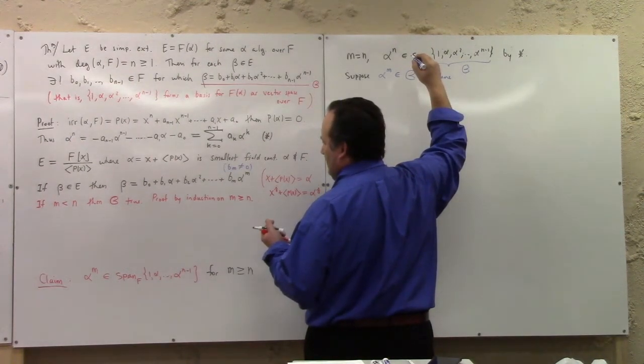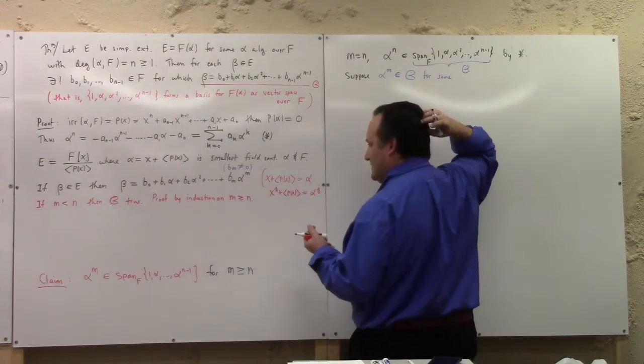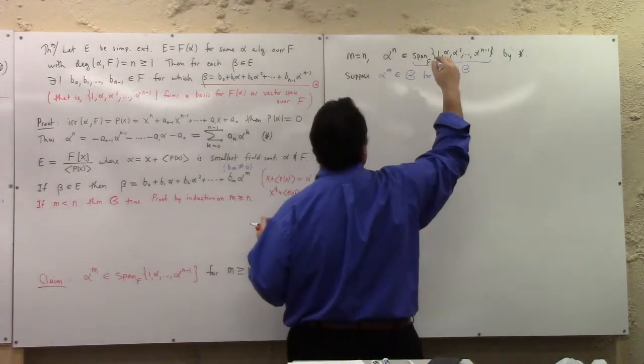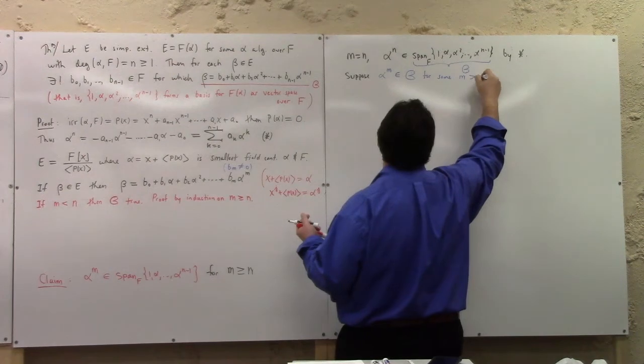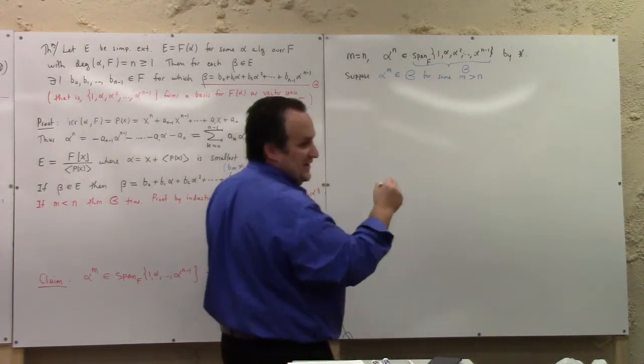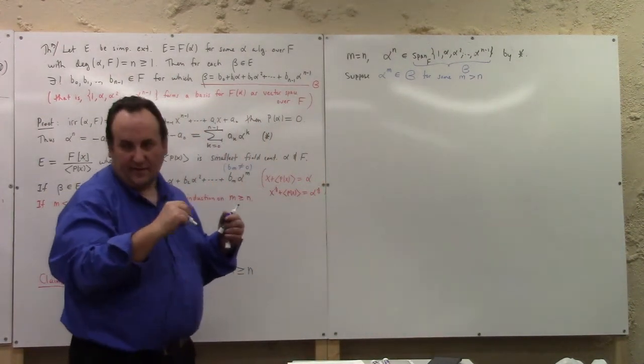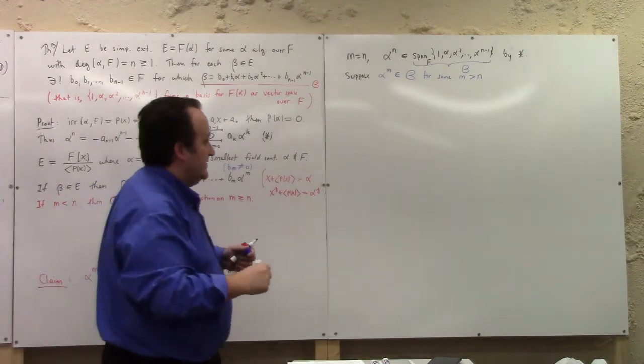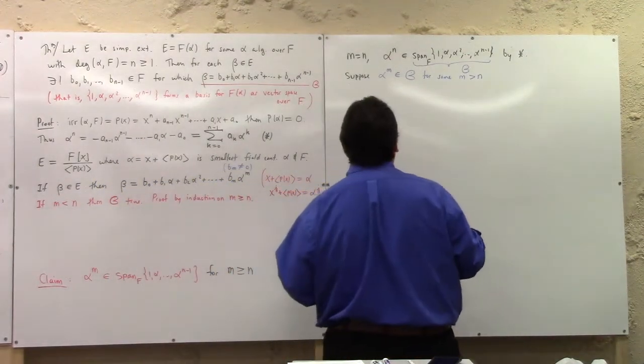No, n is fixed. M is moving around. M is the variable. N is fixed, I should say. So for m greater than n, yeah. N is the degree of alpha. That's the fixed thing. So we're trying to do induction on m.